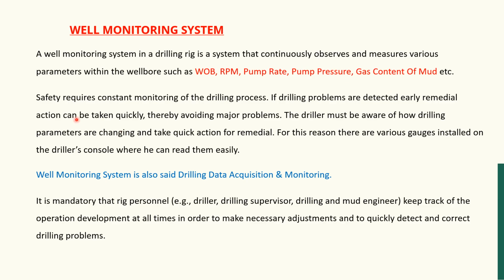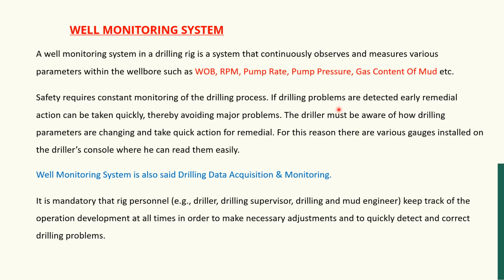Now, safety requires constant monitoring of the drilling process. If drilling problems are detected early, how are the problems detected early? Through the parameters, actually. These are the drilling parameters, and we will see more parameters in the next slides. All these parameters are very important. They are sensors, electronic instruments, indicators, and gauges.